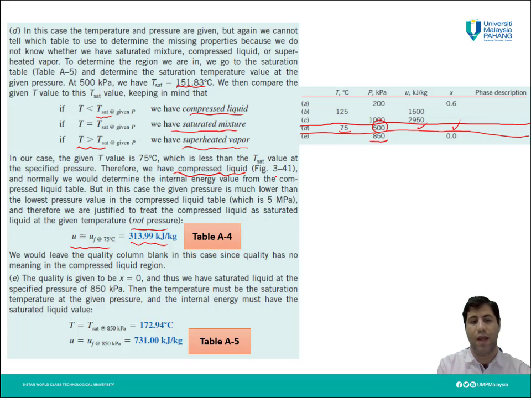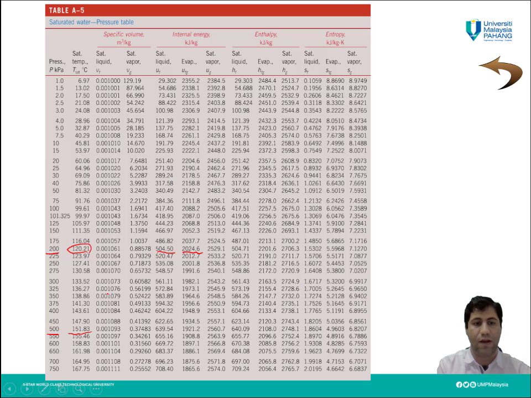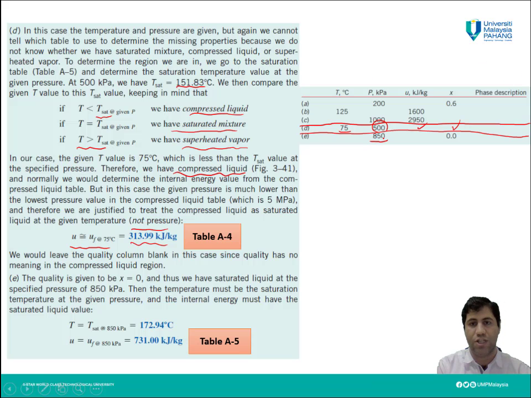If you go to table A5 for this pressure, it will be this much, and also the U should be for the saturated liquid, or UF, for this pressure, which is 131 kilojoule per kilogram.